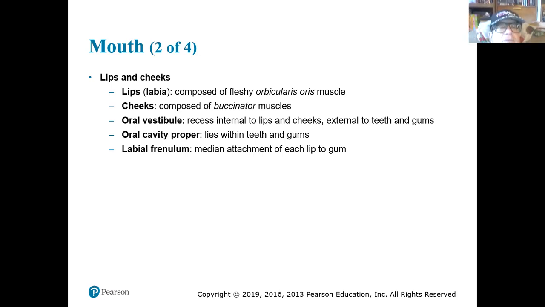All right, so the oral cavity proper, that's what's behind the teeth and gums. And the labial frenulum, medium attachment of each lip to gum.